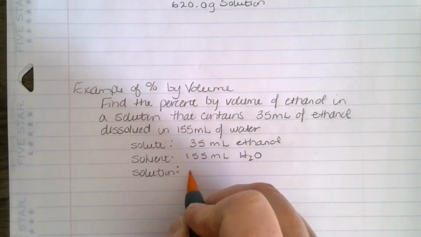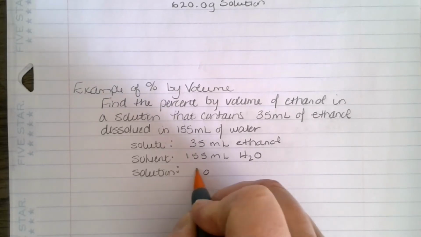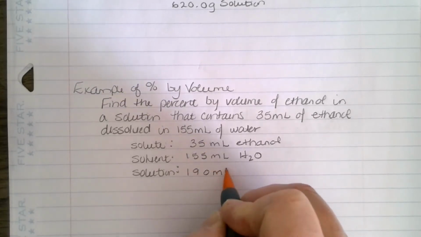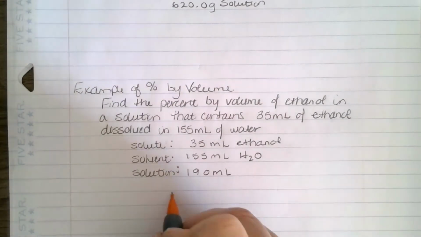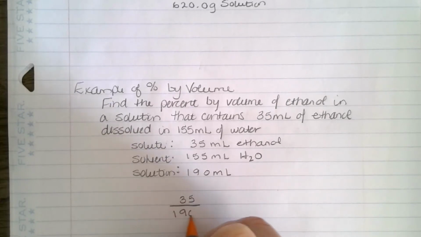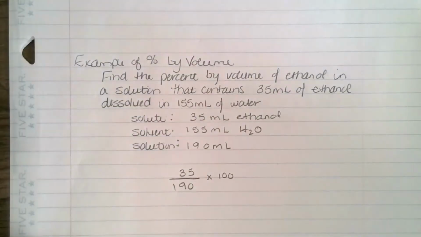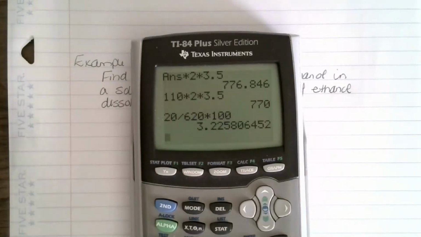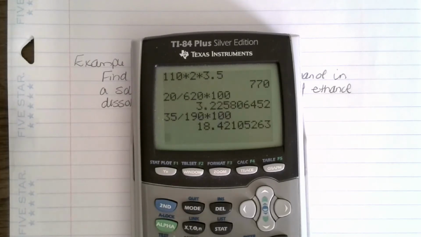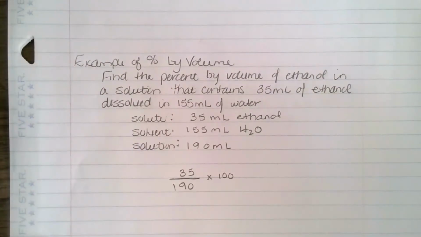Together, I have 190 milliliters. So percent by volume, I will take my 35 divided by my 190 times 100. Calculator. 35 divided by 190 times 100. 18.4%.